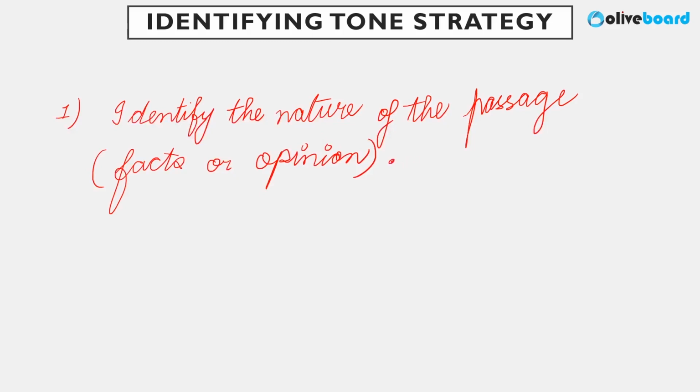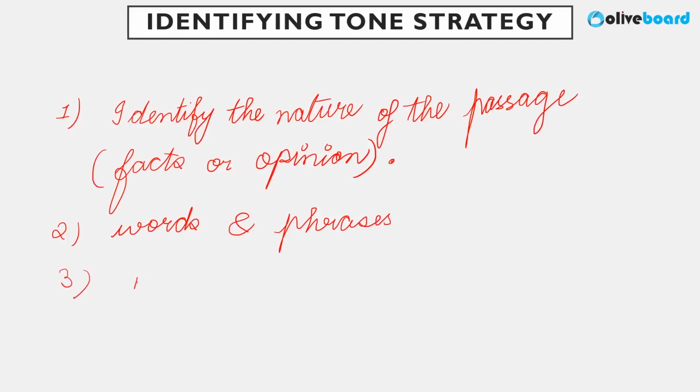Then you do the first elimination based on this. Then the second important thing you can focus on is word choices and phrases used by the writer. The word choices are important because if there are many positive words, definitely the tone has to be positive. If it is a lot of negative words, the tone has to be negative.